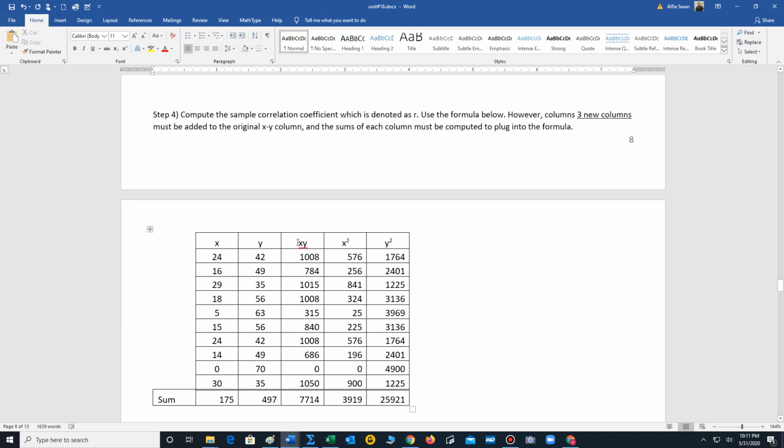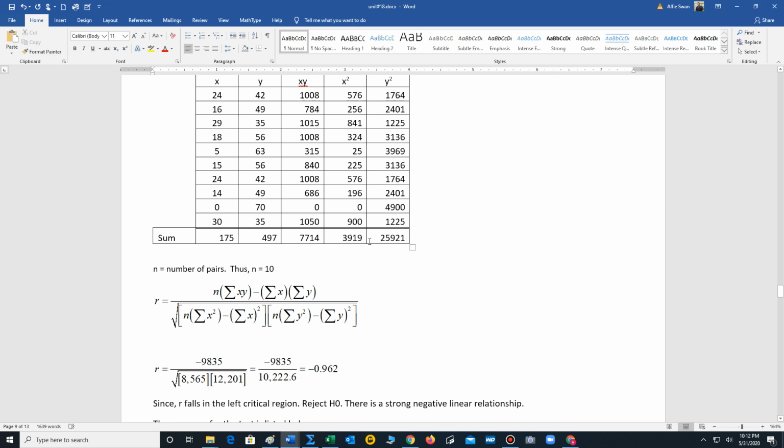The first column we add is the X times Y column, so we multiply each X value with each Y value. The next column is we square each of the X values. And then the final column is we square each of the Y values. Finally, we find the sum of each column.